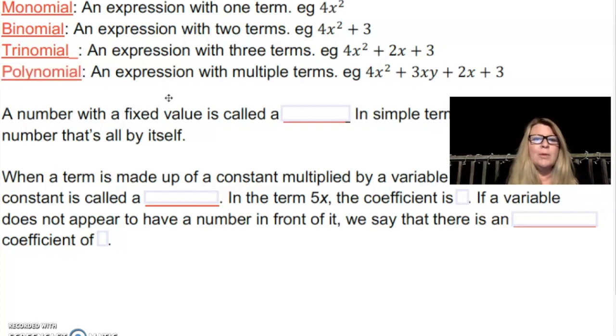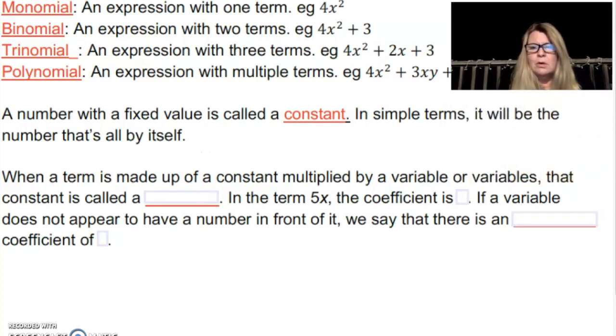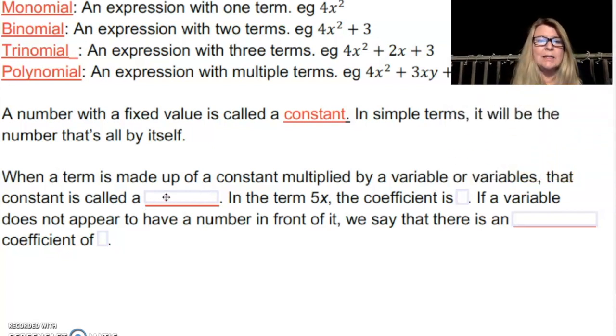Now, a number with a fixed value, the one without the variable, is a constant. So that's the number by itself, the one that doesn't have the variable with it. When a term is made up of a constant multiplied by a variable or variables, that constant is called a coefficient.